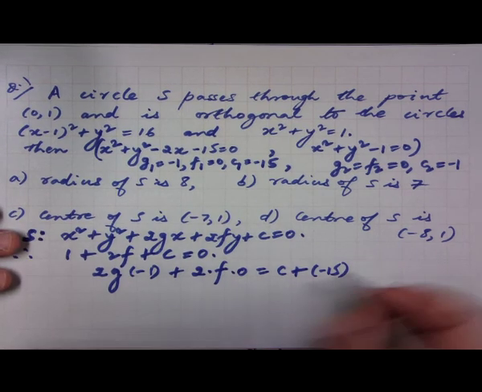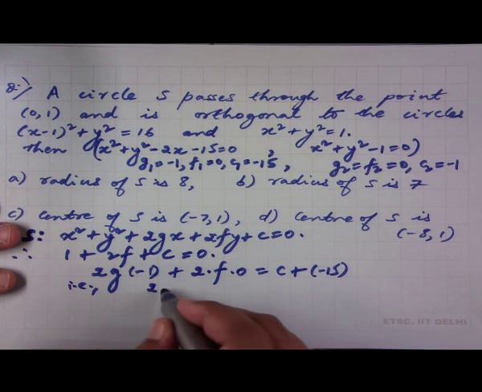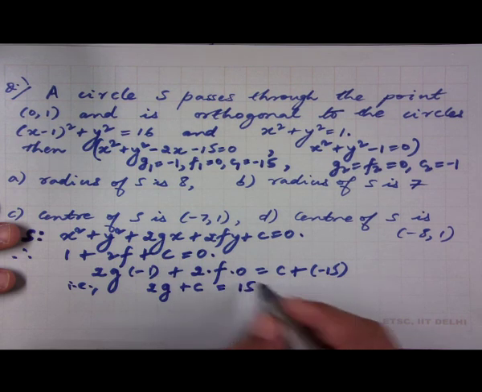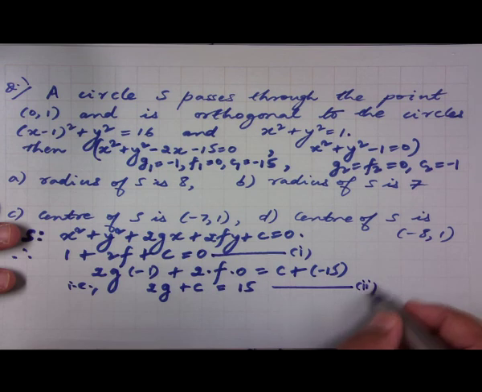So, this is essentially 2G plus C equals 15. So, this was the first equation, this is the second equation.